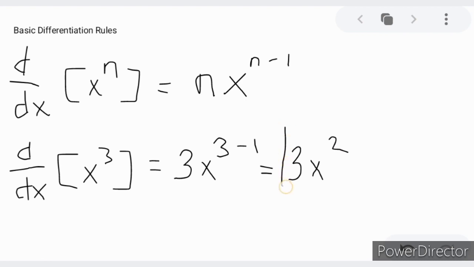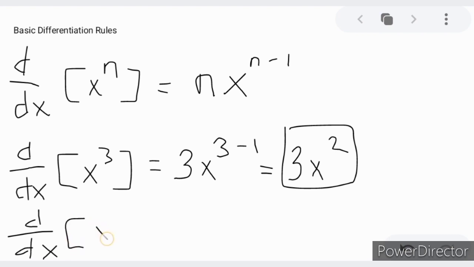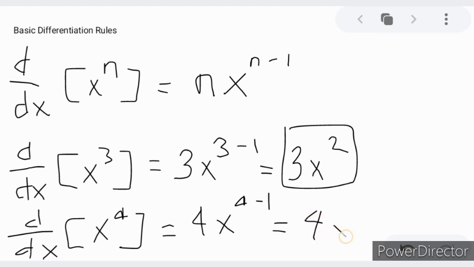So that is the derivative of x cubed. Here's another example. d over dx, or the derivative of x raised to 4. So the n here is 4, multiplied by x raised to 4 minus 1. So our answer is 4x cubed. So 4x cubed is the derivative of x raised to 4.